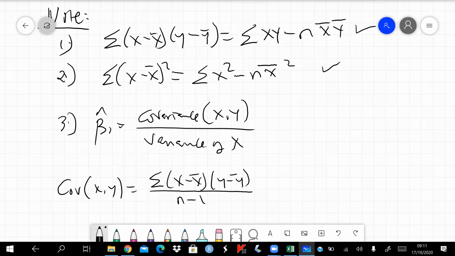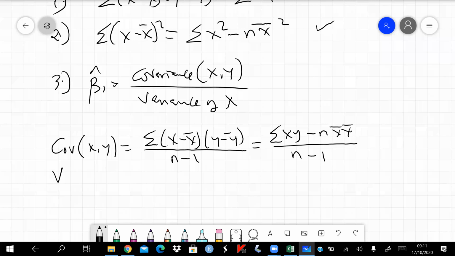So you can write that covariance as the summation of xy minus n x bar y bar, divided by n minus 1. This is exactly the same thing.